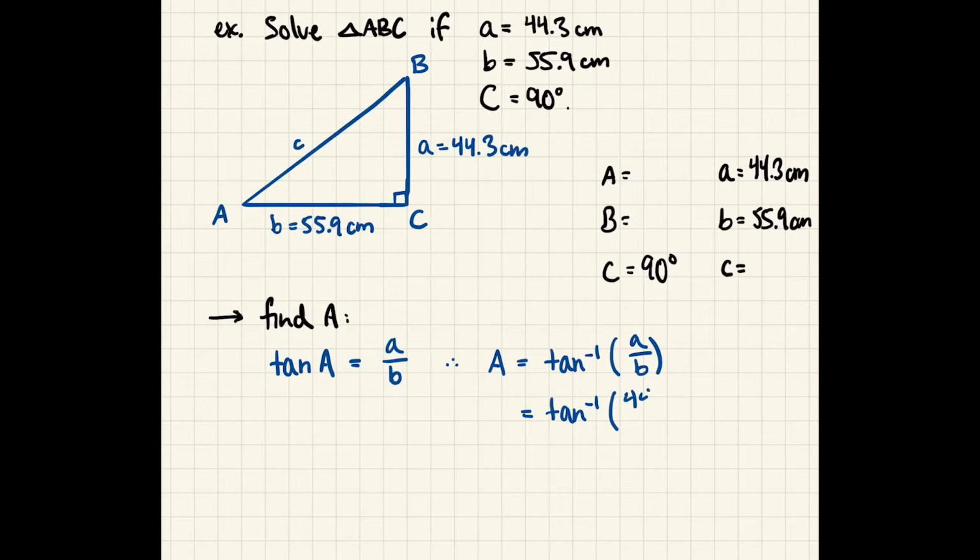So that would be 44.3 centimeters divided by 55.9 centimeters. So using a calculator, I got 38.3963524, etc. degrees. Okay, let's round that to the nearest degree for our final answer. So we'll go 38 degrees.